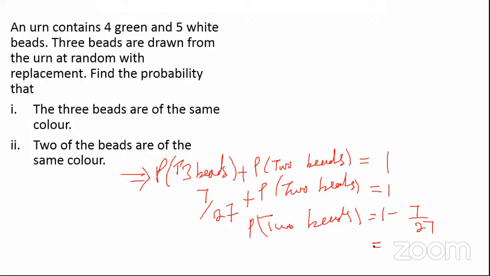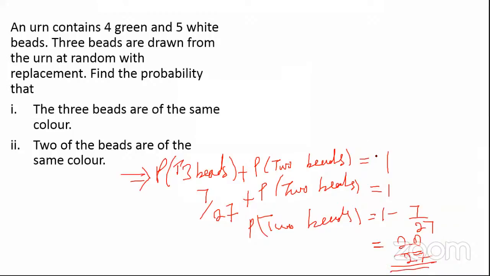And what is that value when we use a calculator? Or our head, because our head can as well give us that answer. Okay, it says 20 over 27. So our answer would be 20 divided by 27.